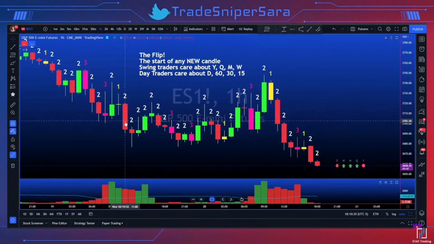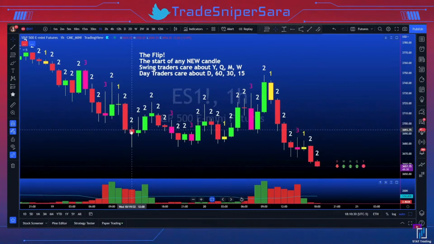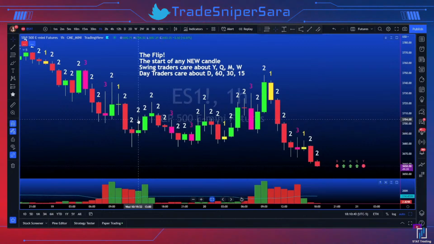If we start here, this is a big red candle, so this is going to be an hour of potential selling. Again, another red candle, it was selling. Then the candle closed here, flipped here, and it was green and buying all hour.